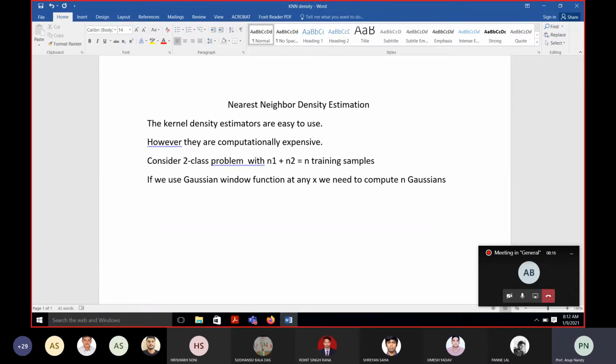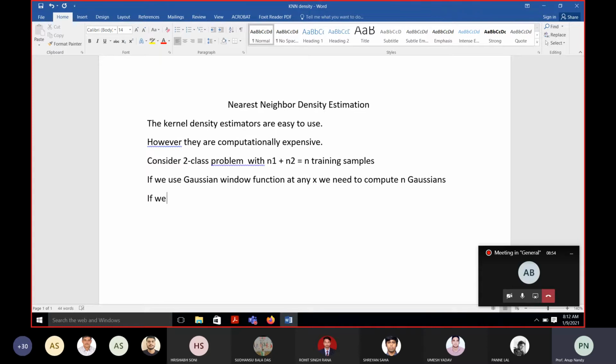Okay, and if we use the Gaussian window function at any x, then we need to compute n Gaussians.